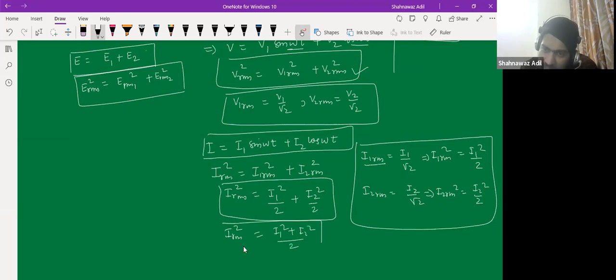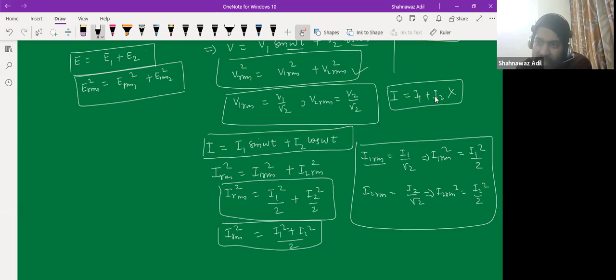So they will not add up like the algebraic sum. This would not be true because these are not at similar phases.